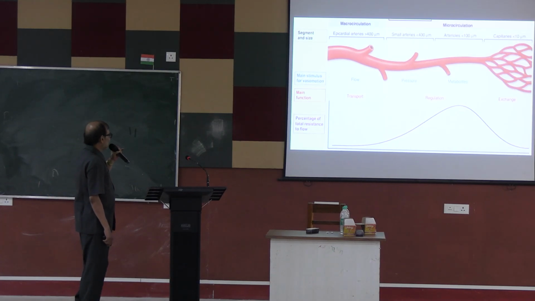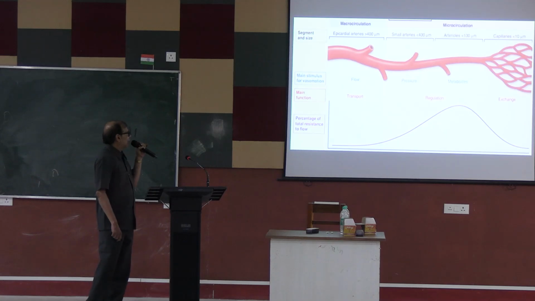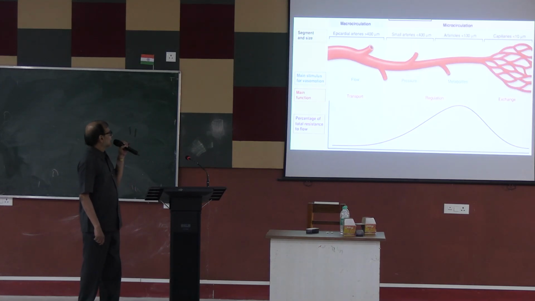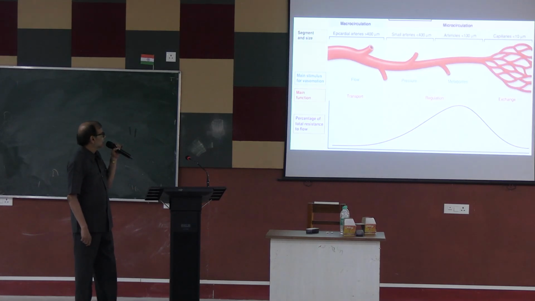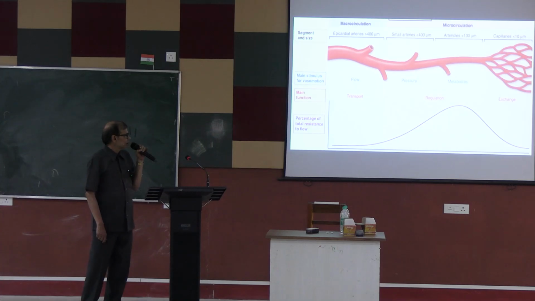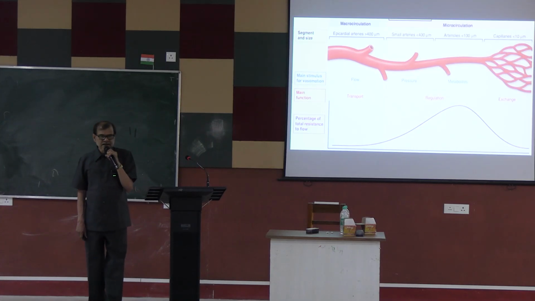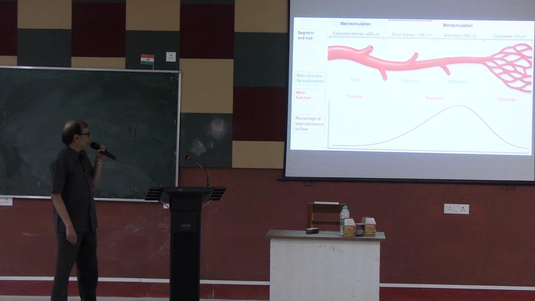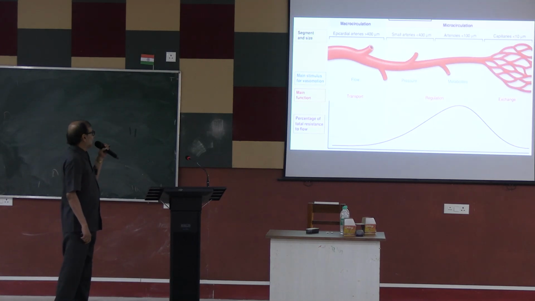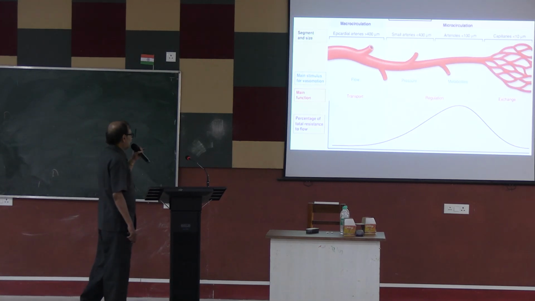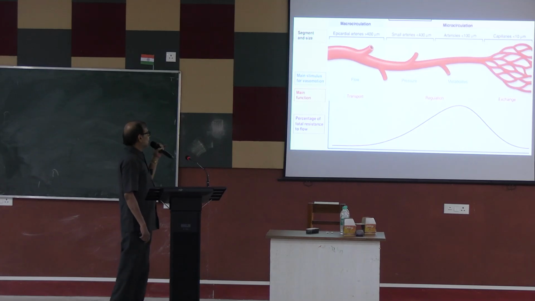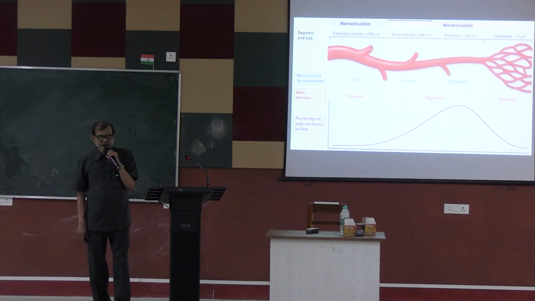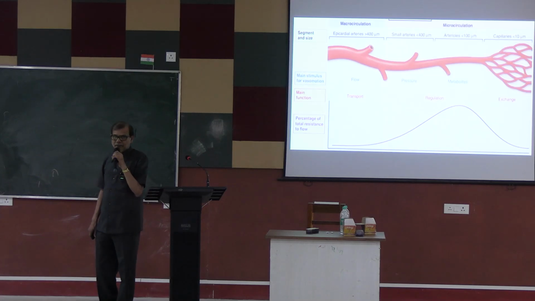Regarding main function, macrocirculation, especially the epicardial coronary arteries and small arteries, are responsible for the transport of blood to the myocardium, whereas the arterioles and a small portion of the small arteries are responsible for regulation of coronary blood flow.